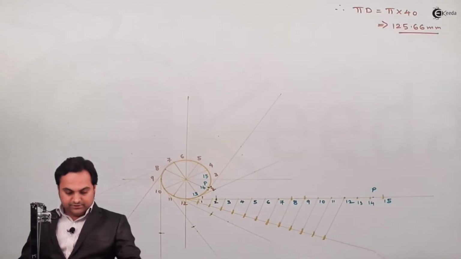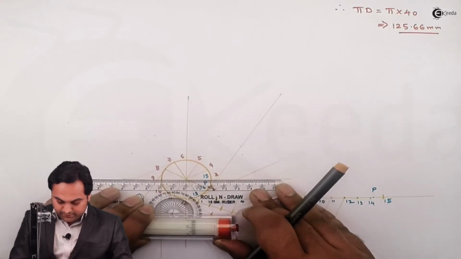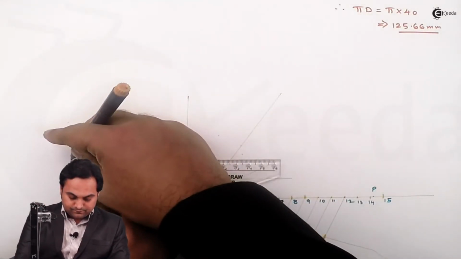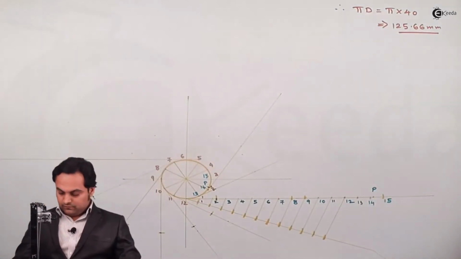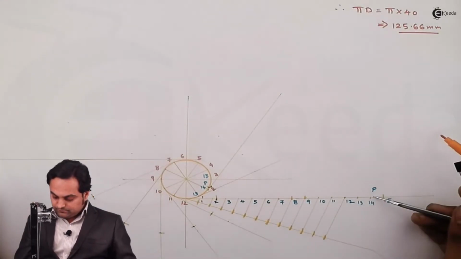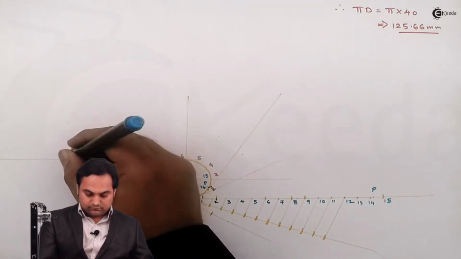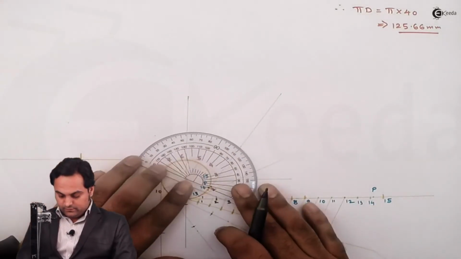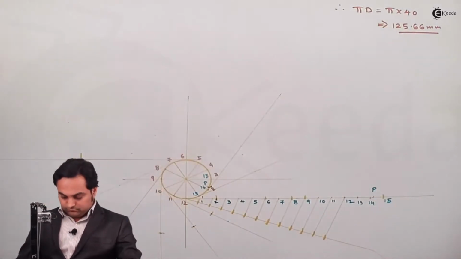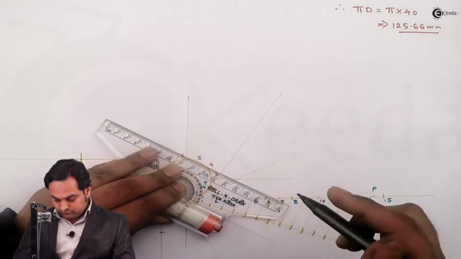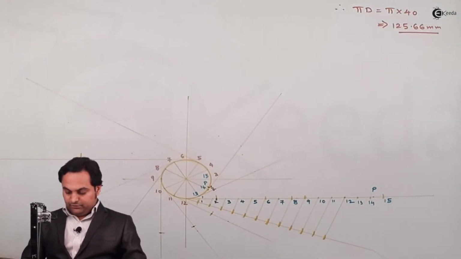Then drawing a tangent from point 6. It will be a horizontal line. Measuring from P to 6. Then tangent through point 5. From P to 5.